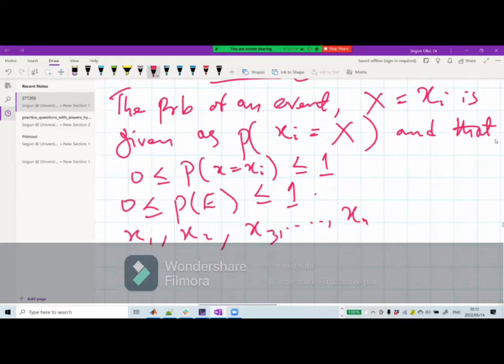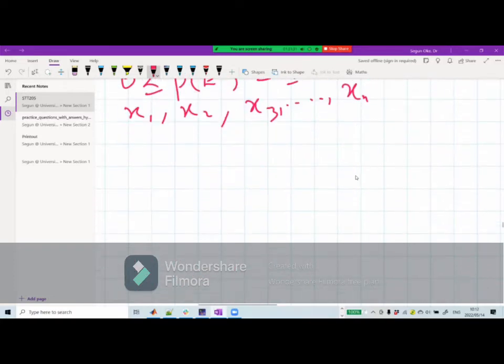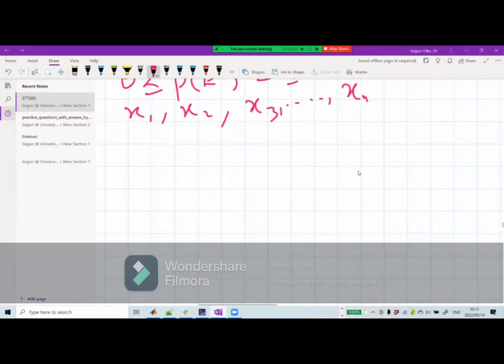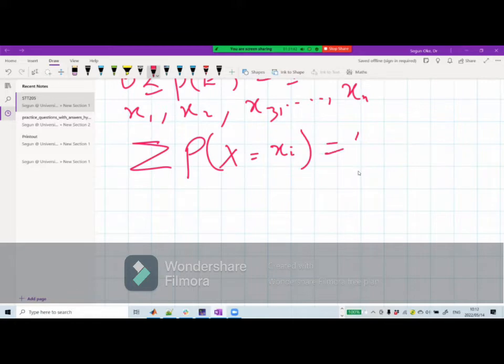That is the event. The events are both mutually exclusive and collectively exhaustive. Meaning, anytime you have them mutually exclusive and inclusive, we're talking about the summation of the probability of X equals Xi, which is equal to 1. Let's take notes.